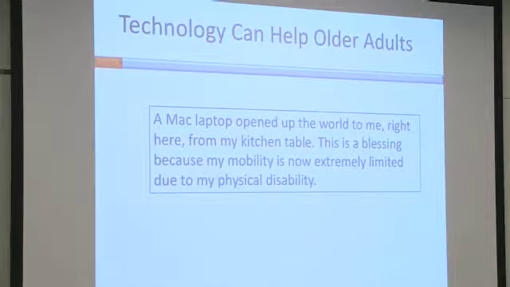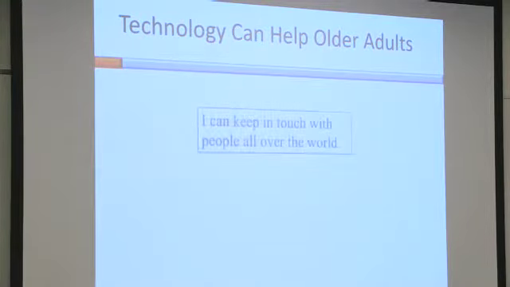Here are some comments from older adults that were captured from online sources. This person said, a Mac laptop opened the world to me right here from my kitchen table. This is a blessing because my mobility is now extremely limited due to my physical disability. Somebody else says, I can keep in touch with people all over the world.